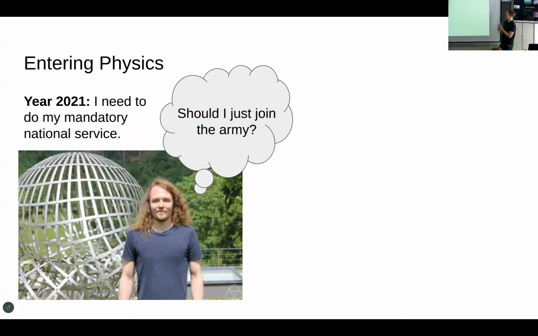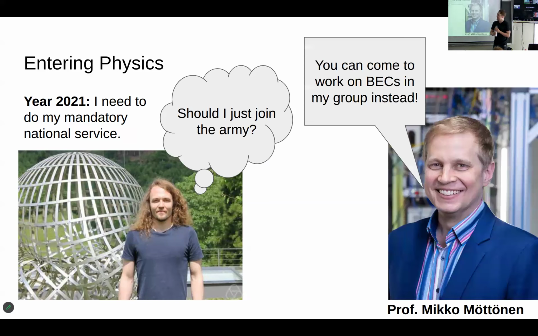I searched online for interesting physics people in Finland, and I managed to convince a professor, Mikko Möttönen, that I could come to work in his lab instead. It's a completely okay arrangement from the perspective of Finnish national service. Mikko had done a lot of work on Bose-Einstein condensates, and especially on the topological defects that arise in those systems.